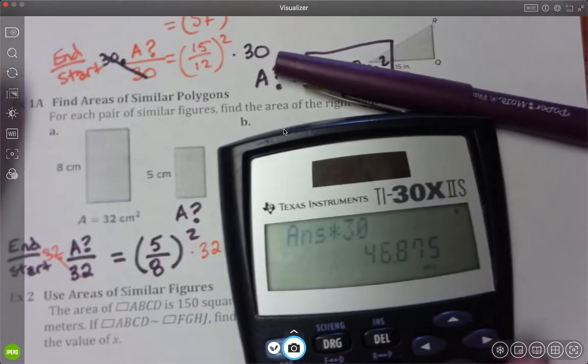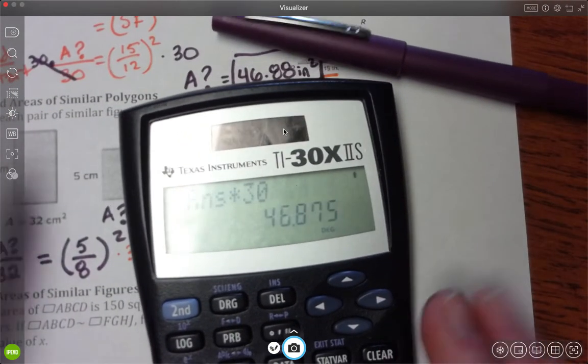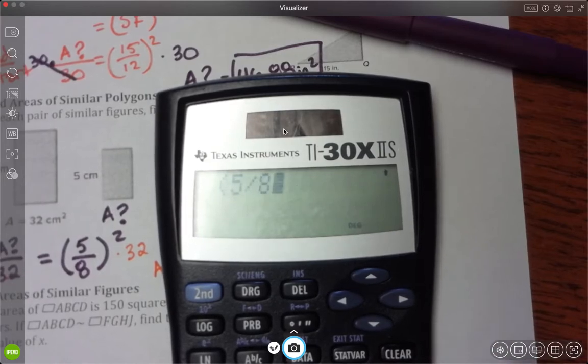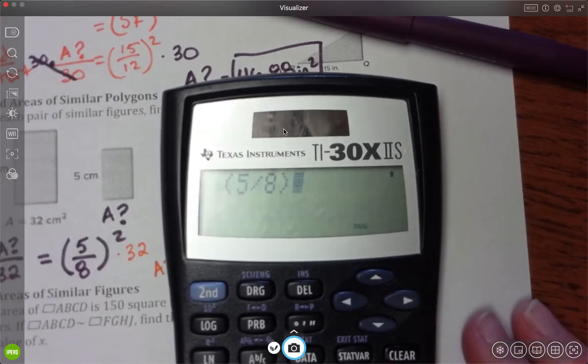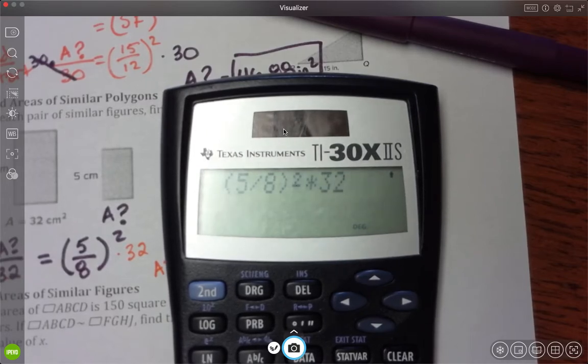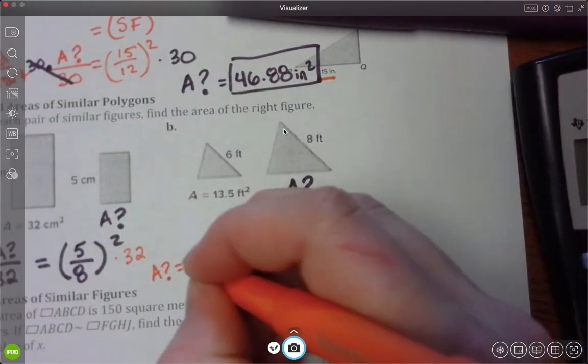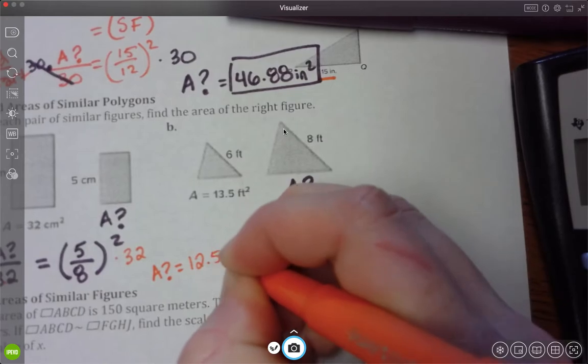I'll put my calculator down here so you can see how I type this in. 5 divided by 8, square him, and times 32. When I do that, I get 12.5. 12.5 centimeters squared is going to be my area.